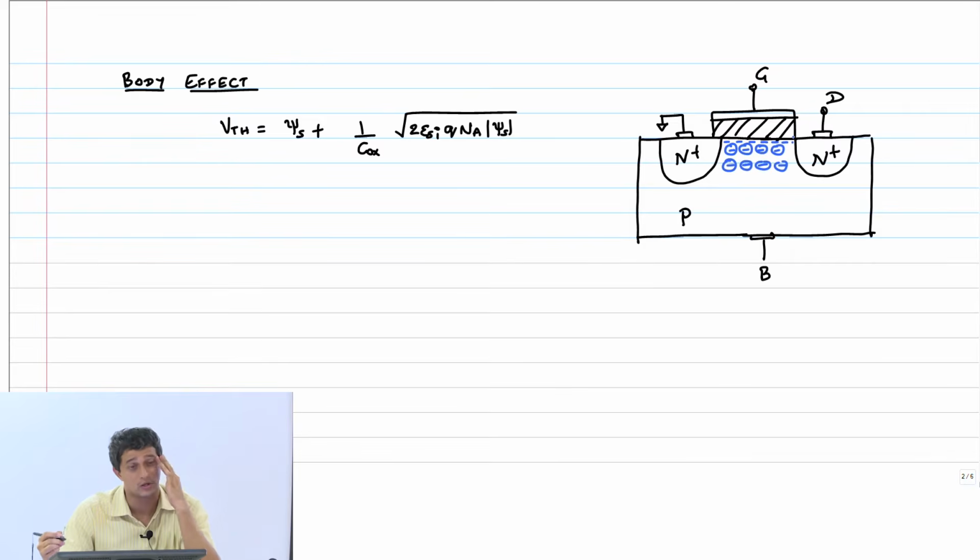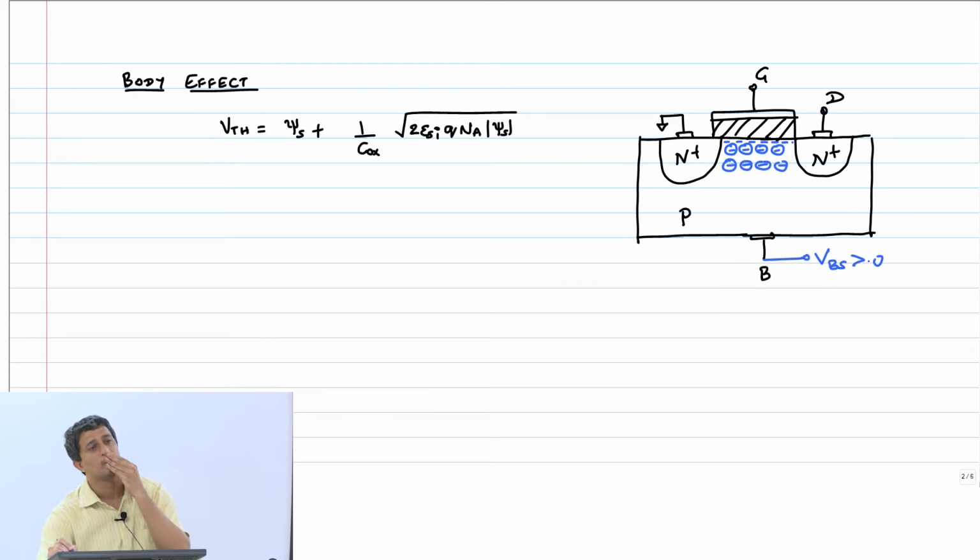Typically if the body was grounded, then all the work that is done to invert the channel is done by the gate. And that was the definition of threshold voltage. Now if I apply a positive potential, let me say that VBS is greater than 0, I am going to apply some positive potential VBS on my body.